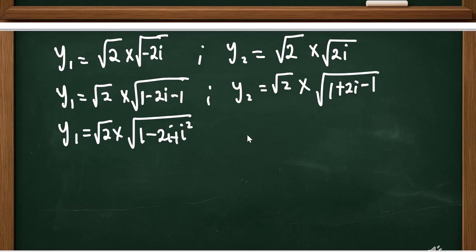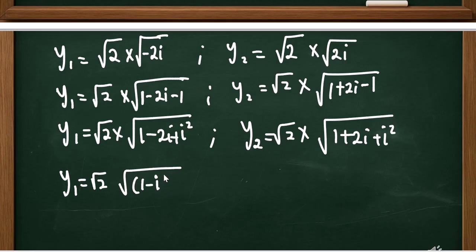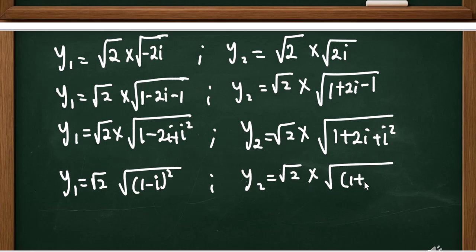And here, i squared is the same thing as negative 1. So I'm going to have my y2 as the square root of 2 times 1 plus 2i plus i squared. So for my y1, I have the square root of 2 times the square root of 1 minus i all squared, and here the square root of 2 times the square root of 1 plus i squared.